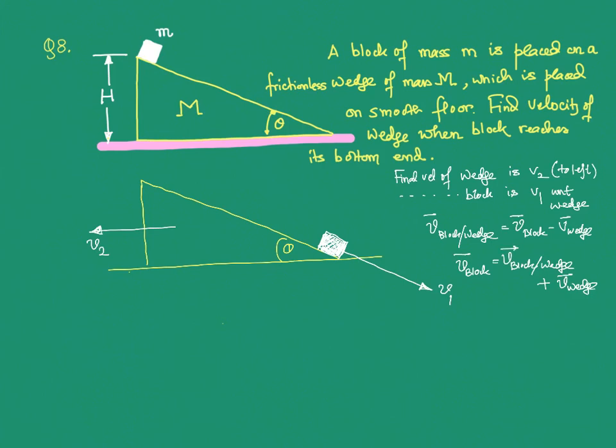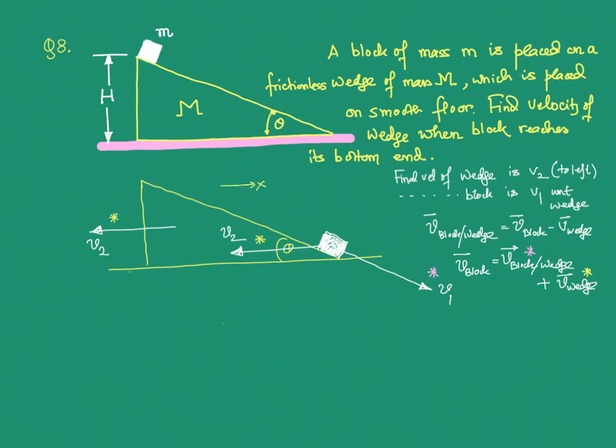The velocity of the block relative to the wedge is this one, and the velocity of the wedge is this one, v2. I'll put the star mark here. The vector sum of this and this will give you the velocity of the block relative to ground. So let's split it into x and y components.